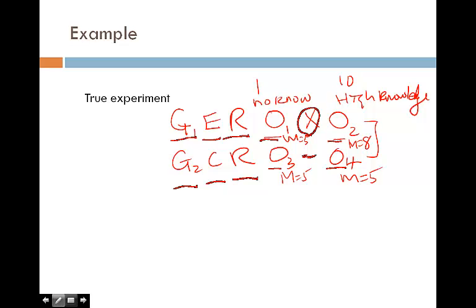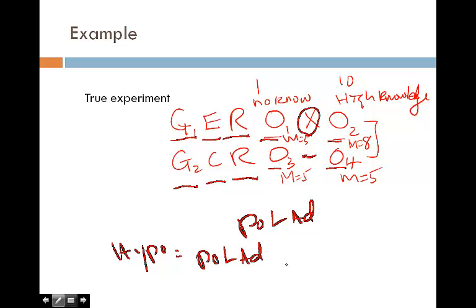Okay. So in terms of treatment, we are talking about political ads to show how they affect political knowledge. The hypothesis is that political ads will increase the political knowledge.